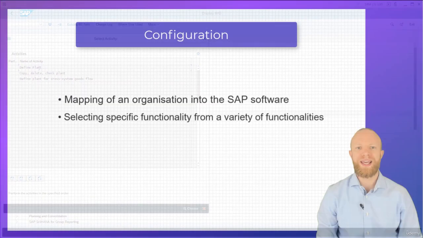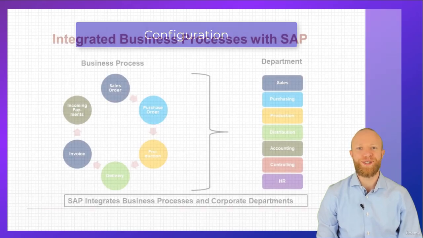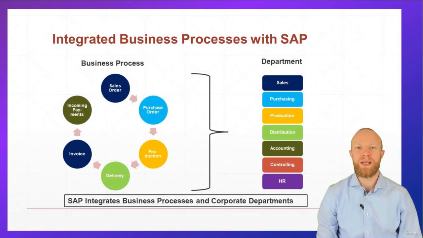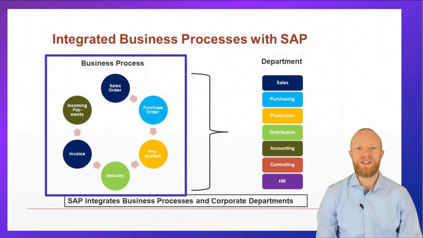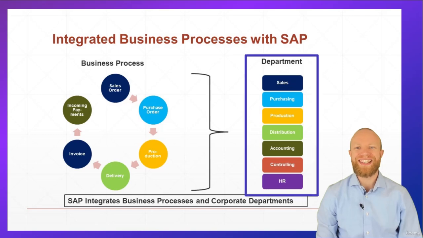Let's have a closer look at the two aspects of configuration, which is the mapping of the organization and selecting the functionalities. Here you see the slide again with the integrated business processes. On the left side you see the processes in a company, and on the right hand side you see the organizational departments that are involved in these processes.